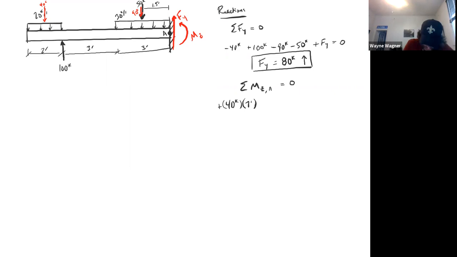Then we've got that 100 kips, going the opposite direction, 6 feet down. The 50 and the 90 act in the same location, so we can combine them into 140, positive, plus 140 kips times 1.5 feet. Then we add Mz, and that equals 0.